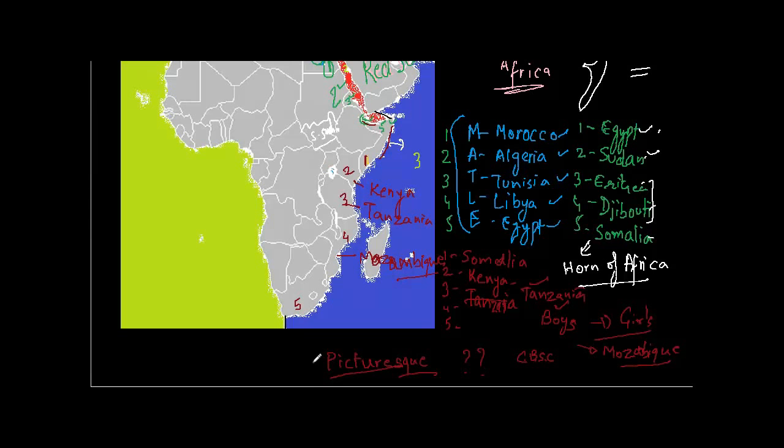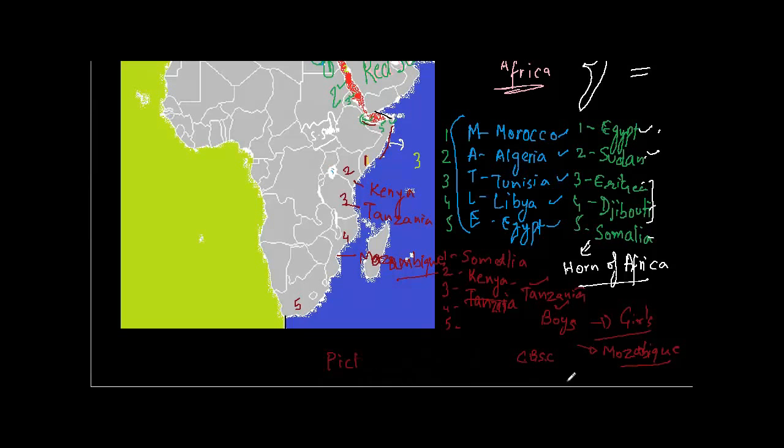Any correct pronunciation here? This is actually picturesque. So this is the same concept that goes here. This QUE is always pronounced as K, so picturesque. Similarly, Mozambique, or antique. You remember this, right? Antique. There are so many words in English like that. So what we have to remember is this, Mozambique.